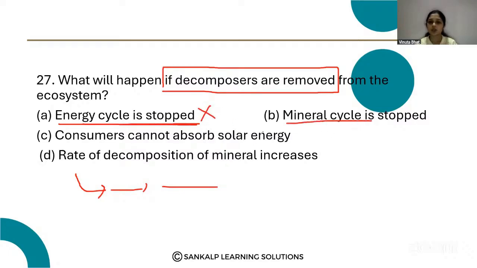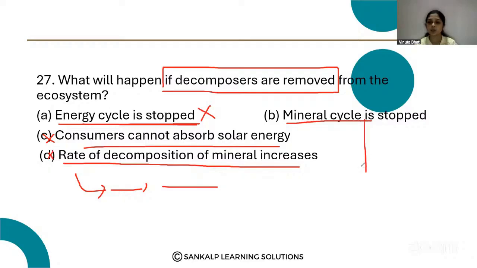Mineral cycle is stopped. Consumers cannot absorb the solar energy, so this is not a correct one. Rate of decomposition of minerals increases? No, that does not increase. The correct option is mineral cycle is stopped. How? When organisms die, the organic matter from their body, because of the decomposers, enters into the soil, then from the soil again it enters into the organism's body through food and other processes.